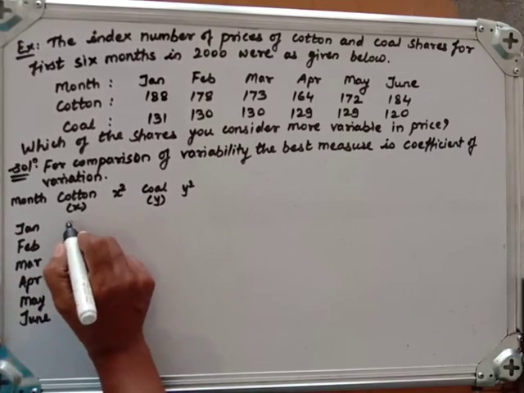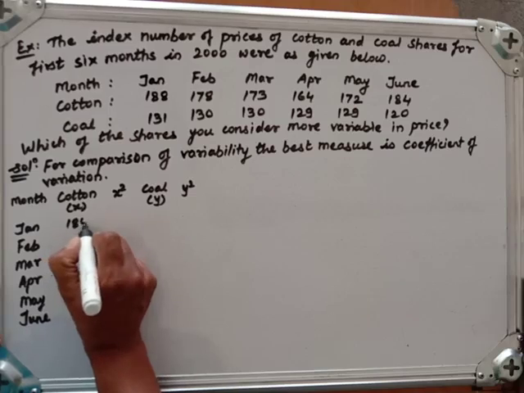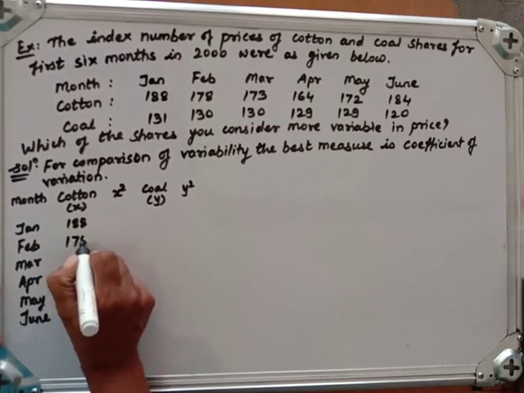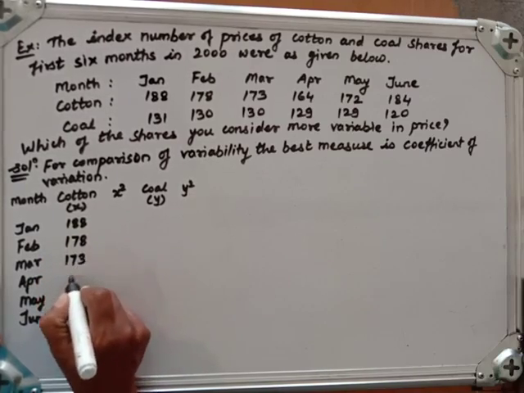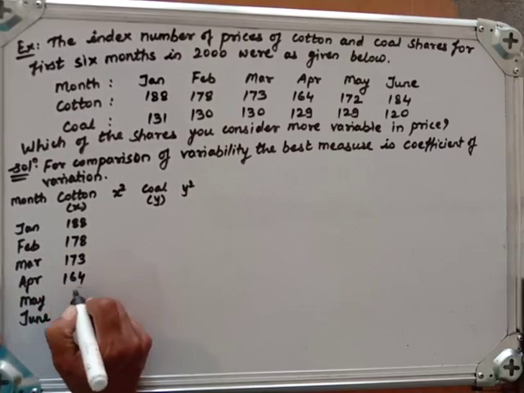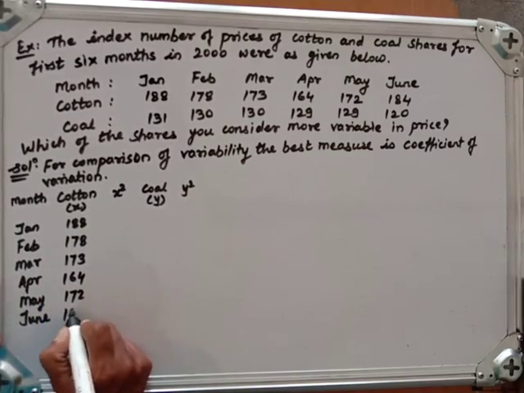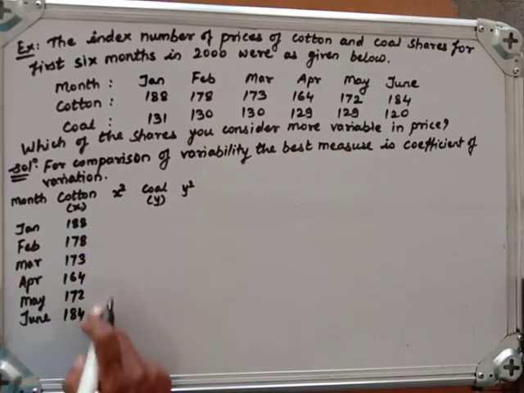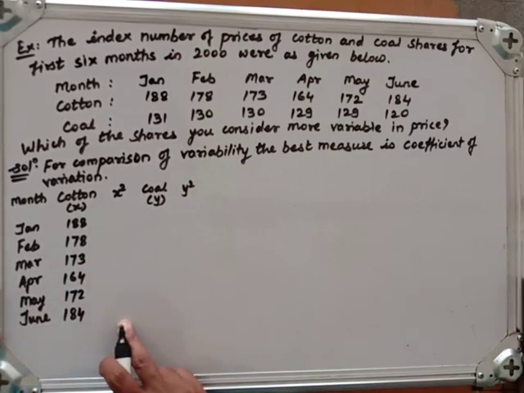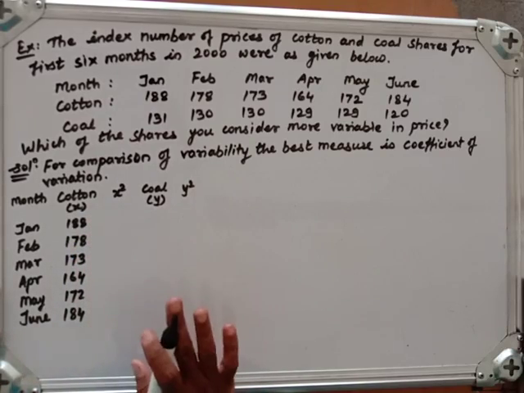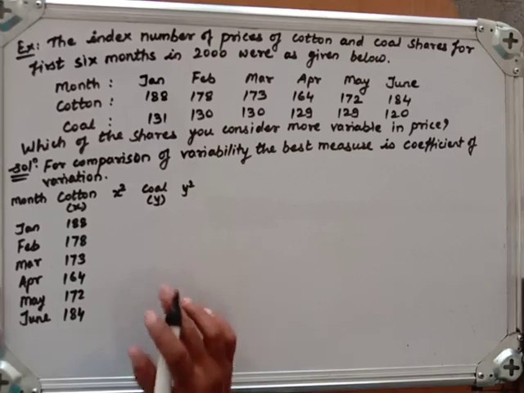For cotton, the prices are 188, 178, 173, 164, 172 and 184. We need X and X square to determine standard deviation, and summation Xi we need for determining mean, so that we can determine the coefficient of variation.